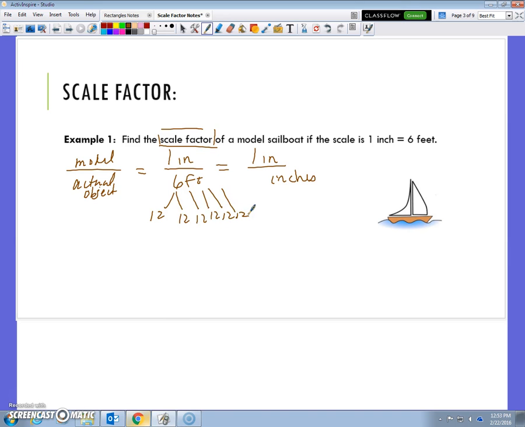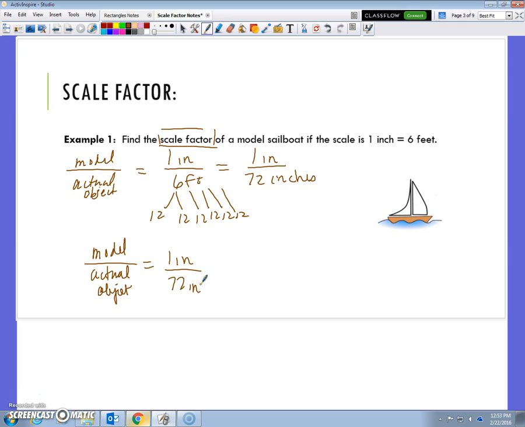I could add all those 12s up, or I could just multiply 6 times 12. I know that it's 1 inch to 72 inches. So my model to my actual object, if I'm comparing them, my scale factor would be 1 inch on the model represents 72 inches on the actual object in this case.